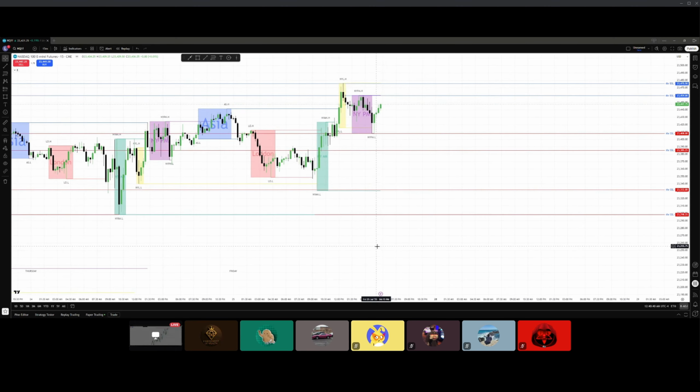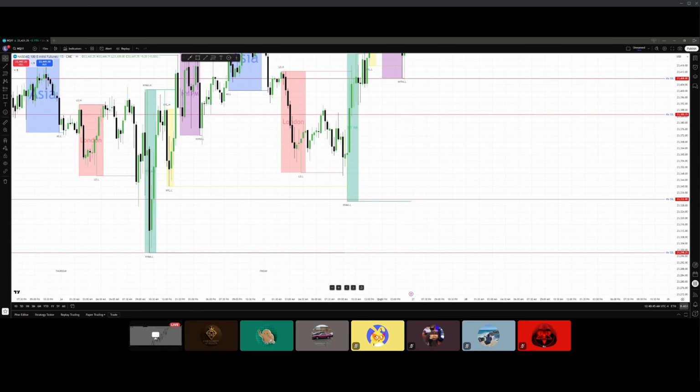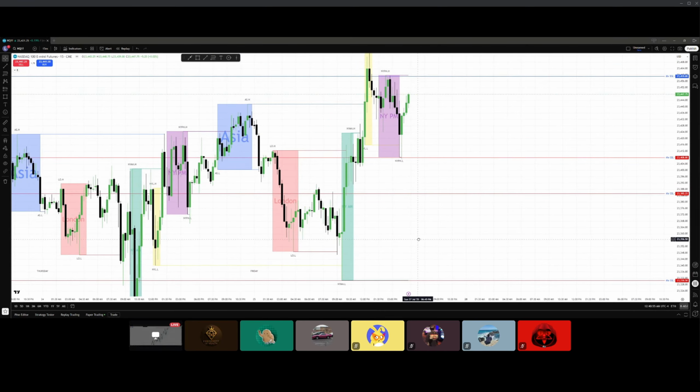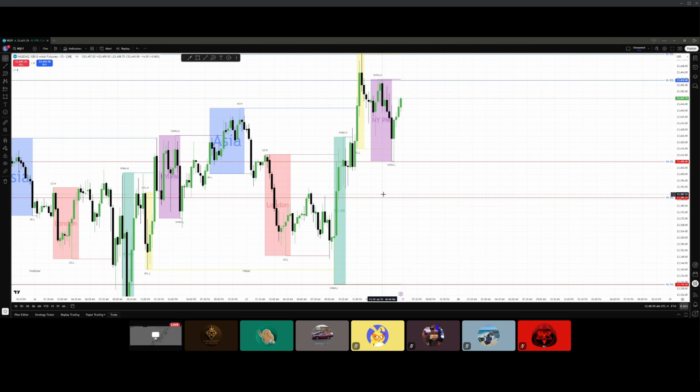So we look at this and we see that we got the New York AM low on this one. We got another New York AM low here. That was the first 10 a.m. candle, that's why that's a 4-hour low.